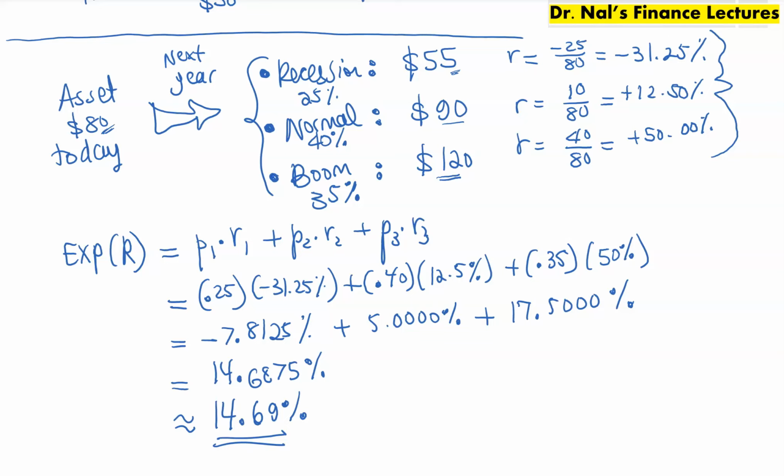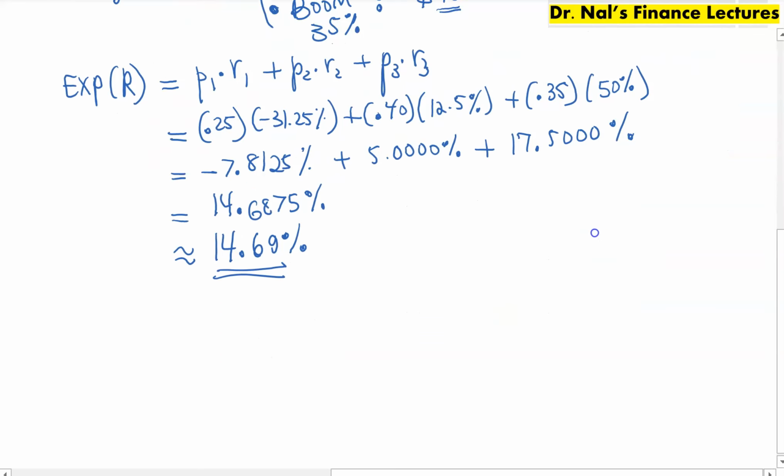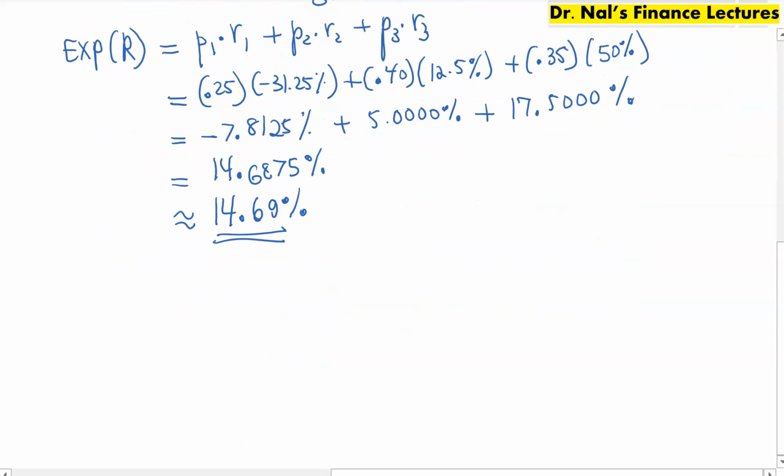In a similar way, using expected return, you can also calculate the standard deviation of this security. It will be a little bit bashy, but let's go ahead and quickly do that as well, and then we can call it a day on this one. So standard deviation is equal to the square root of, all right, this huge square root sign. The probabilities will remain.